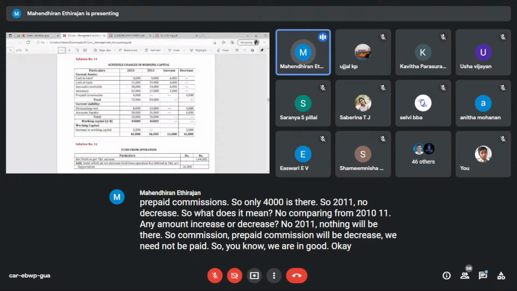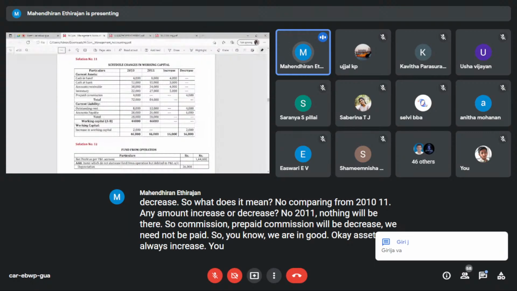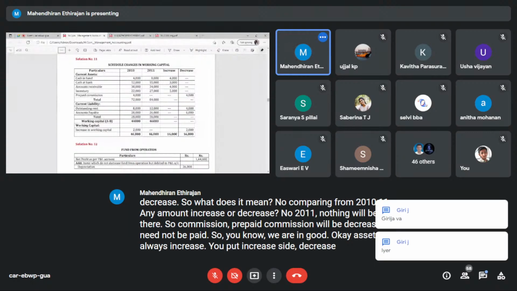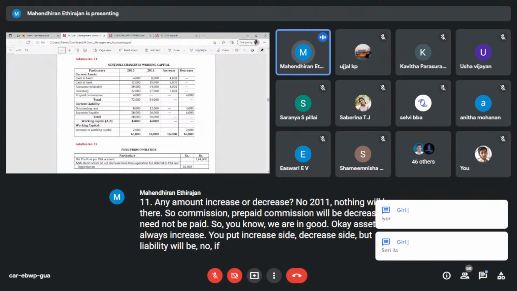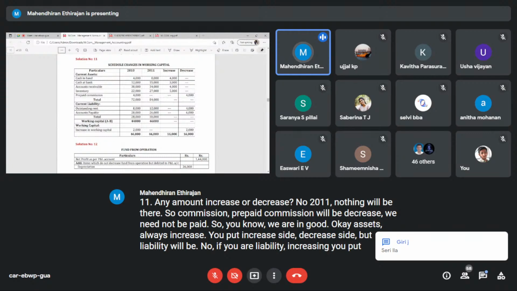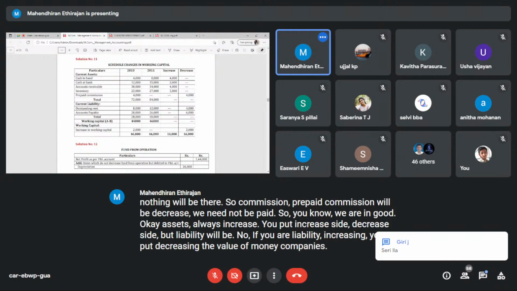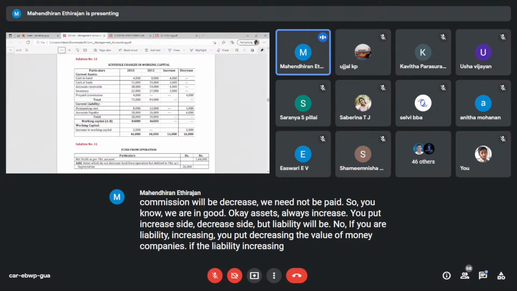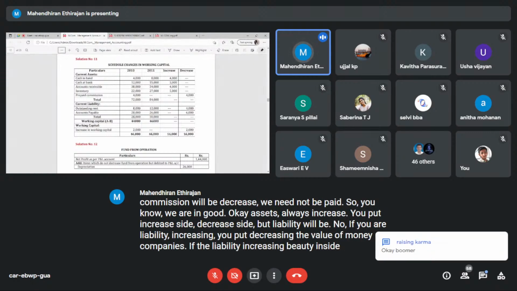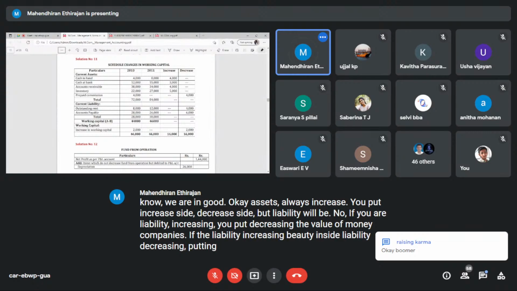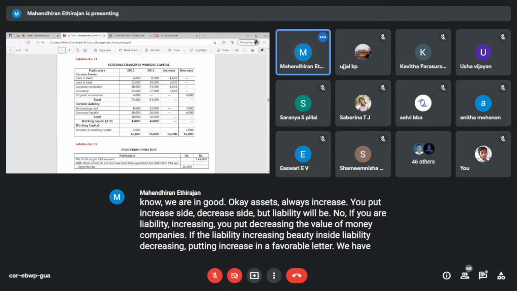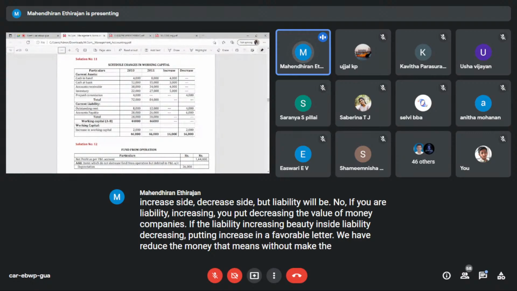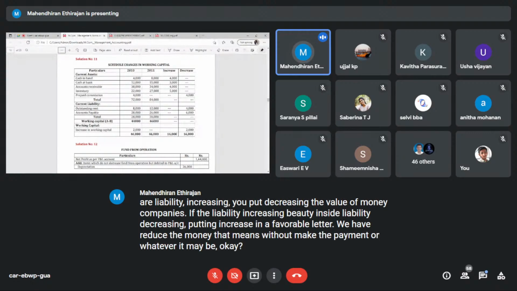Okay. Assets that increase, you put on the increase side, and decreases on the decrease side. But liability is the opposite. If a liability is increasing, you put it on the decrease side, because it reduces the company's money. If a liability is decreasing, you put it on the increase side. Decreasing means a favorable nature, since we have to reduce the money, that is, make the payment. Note it down.